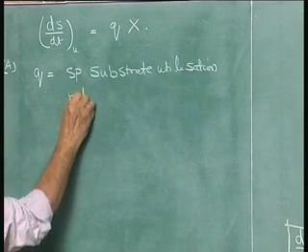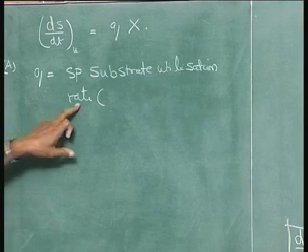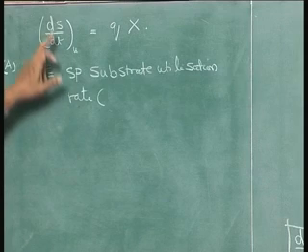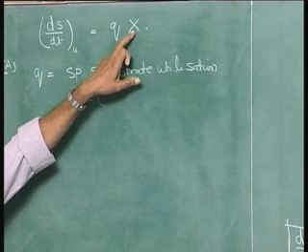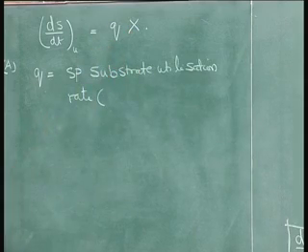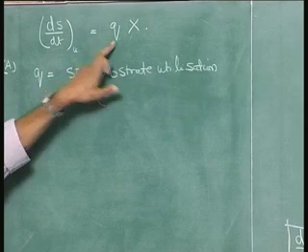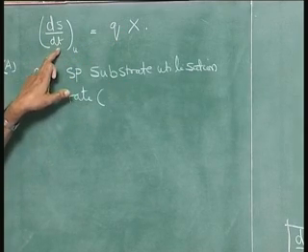Specific substrate utilization rate, okay. The units of this will be: S and X are in the same units, that is milligrams per liter, both of them are expressed in the same units. When we are expressing in the same units, then Q will take the unit of inverse of time.